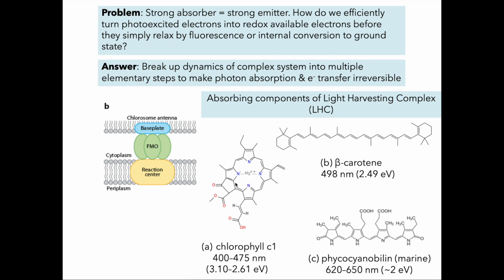And the way we're going to do this, of course, is we need to construct some more complex system. Instead of just having isolated molecules, we're going to bind those together somehow to make a light harvesting complex, a chlorosome antenna, it's also called. That's where the light is going to be absorbed. And then we have to figure out a way to turn that excitation into an excited electron that we can deliver to the reaction center.